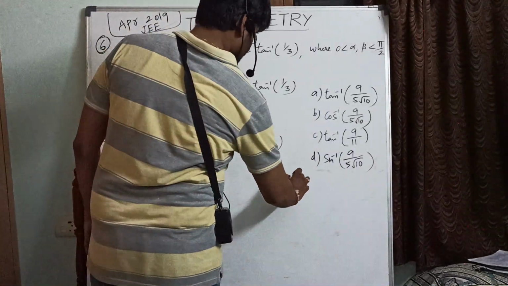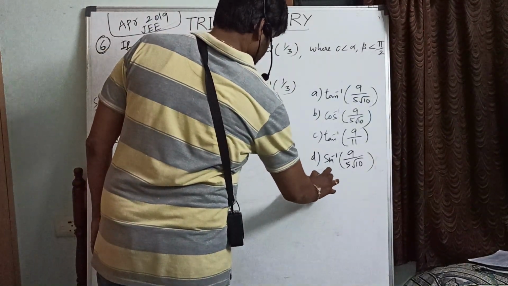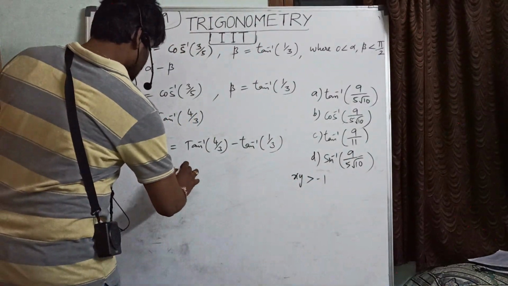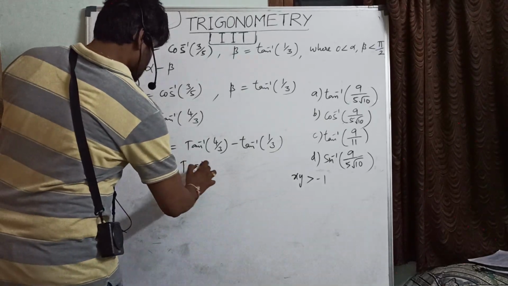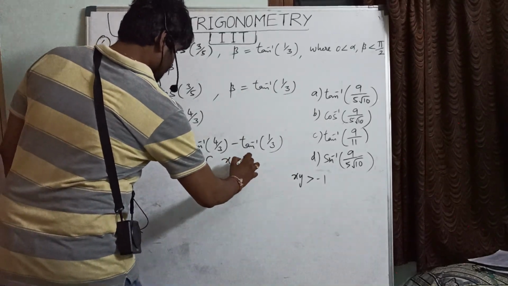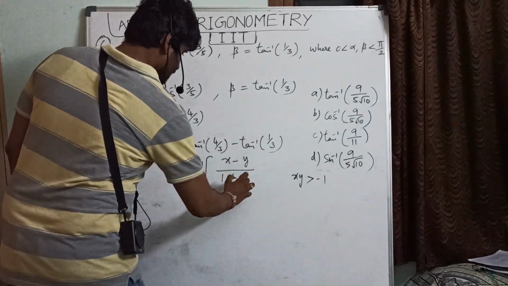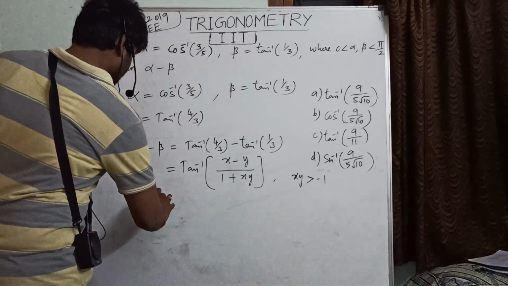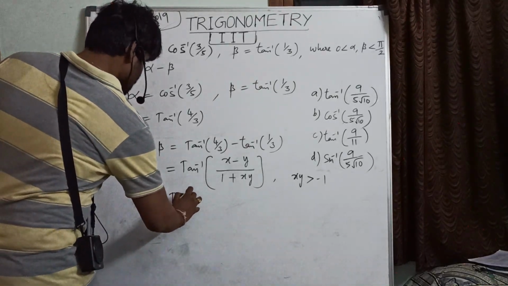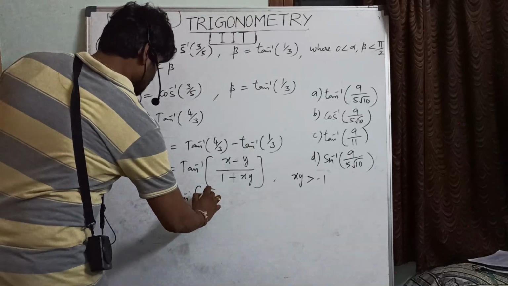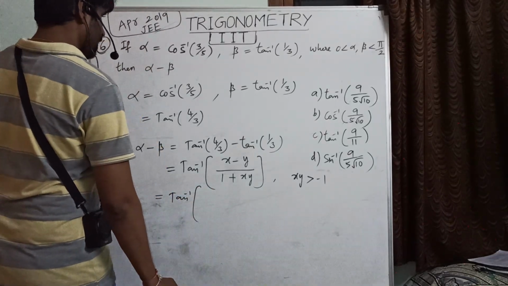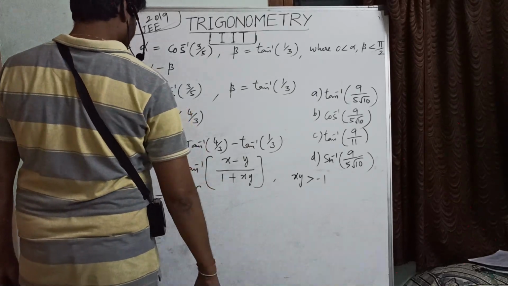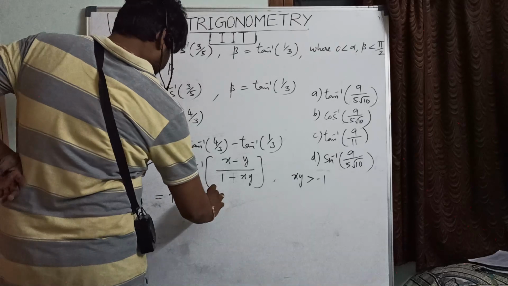Whenever xy is greater than minus 1, we can apply the general formula, correct? What is that? Tan inverse of x minus y by 1 plus xy. This is the formula which we learnt. Substitute there. So tan inverse of, here 4 by 3 minus 1 by 3. So what will you get there? X minus y, so 4 by 3 minus 1 by 3 here.